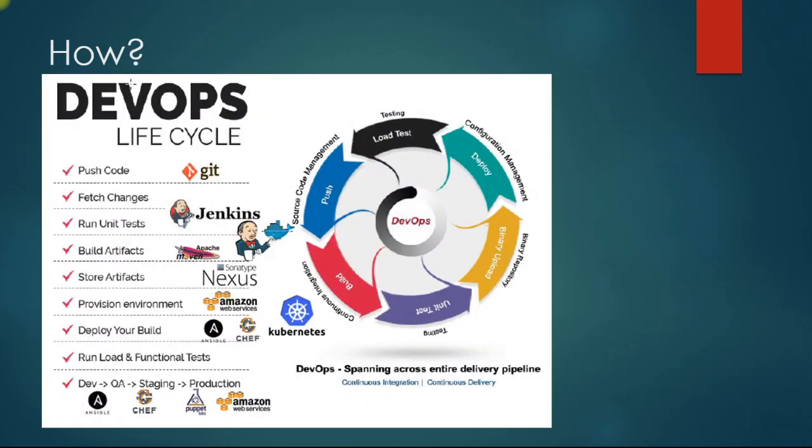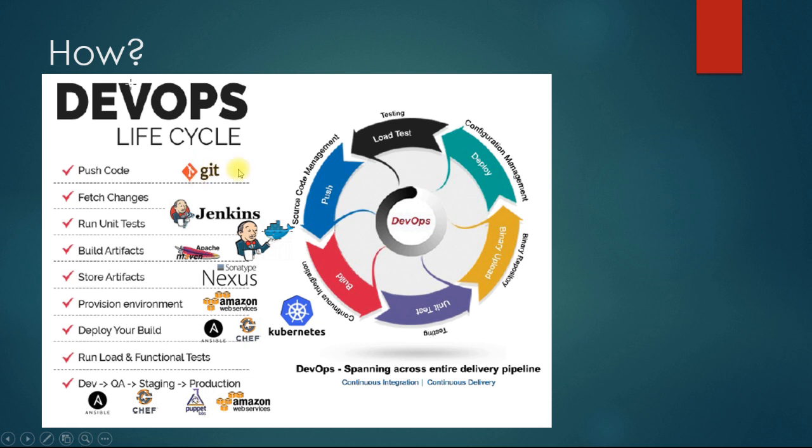This can be better understood through this image, the DevOps lifecycle. So here are examples also of the tools that will be used in the DevOps lifecycle. Whenever the developer writes the code, they will push the code to a centralized version control system, a centralized repository for storing the code. One example is GitHub or Bitbucket.